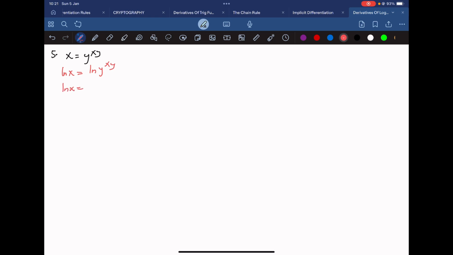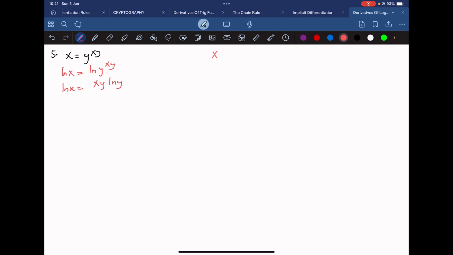Then using the properties of logarithm, the exponent comes down, so you have this. Now we have to differentiate on both sides, right? Remember, if you are differentiating this right here, it's kind of tedious. So what you have to do is you use product rule since you are multiplying.